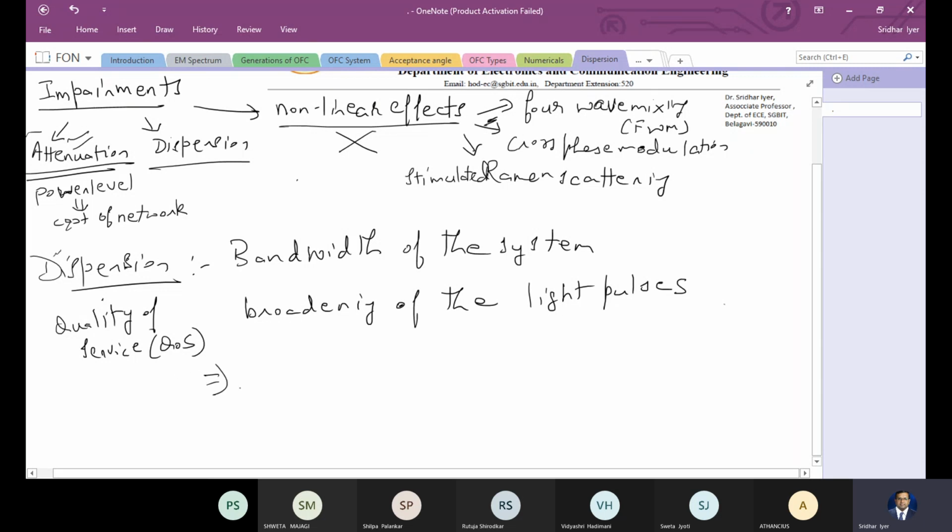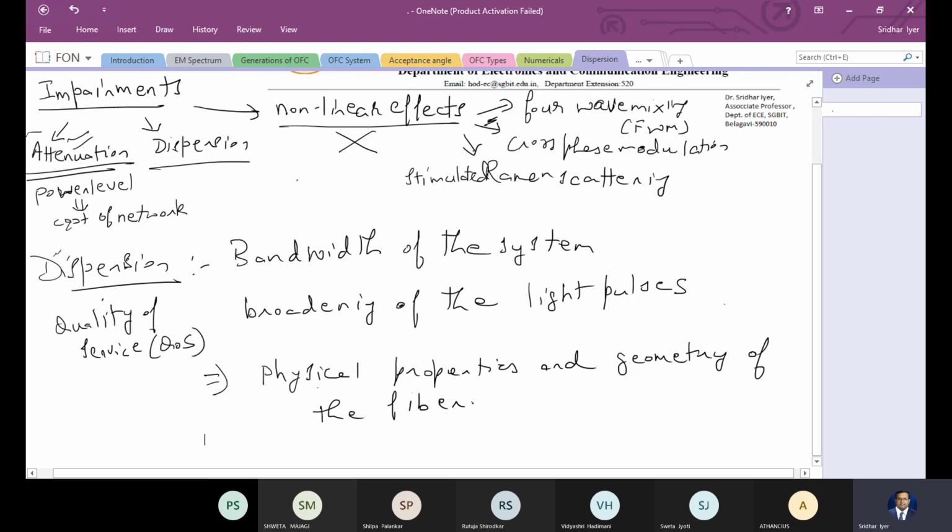So we are going to focus only on the fiber. There are different dispersions in different channels, but we will focus only on optical fiber. So the dispersion in the optical fiber is because of physical properties and geometry of the fiber.